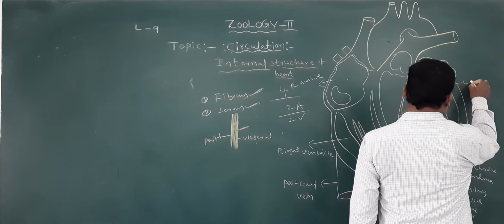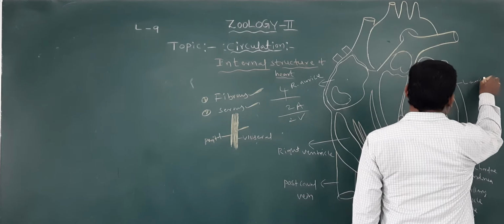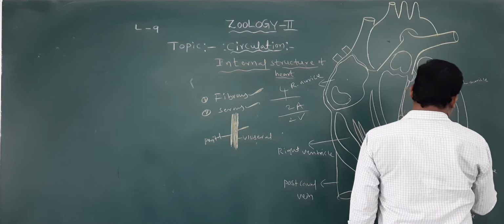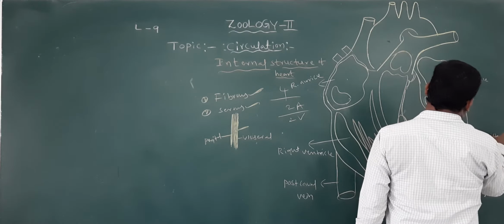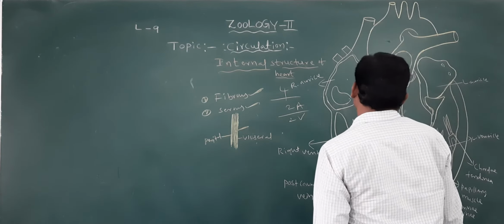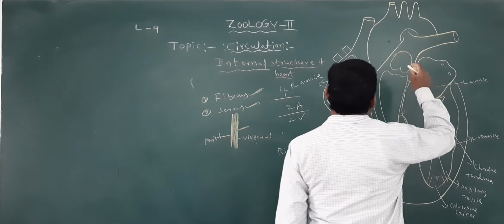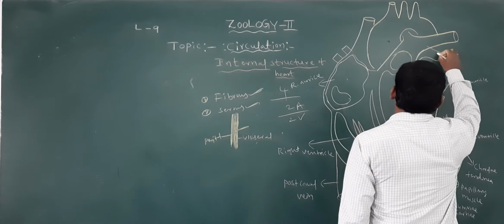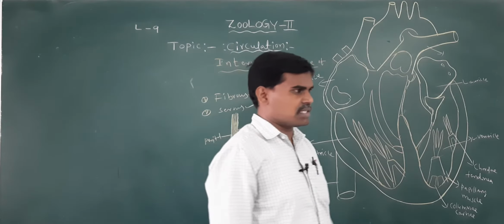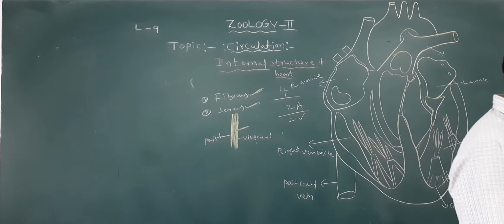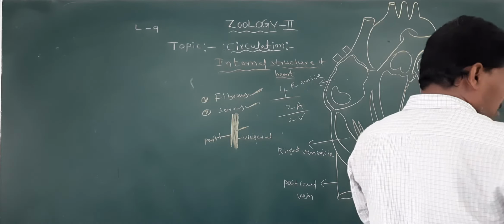This is the left auricle, and this is the left ventricle. Here are the two arches, the pulmonary arch and the systemic arch.